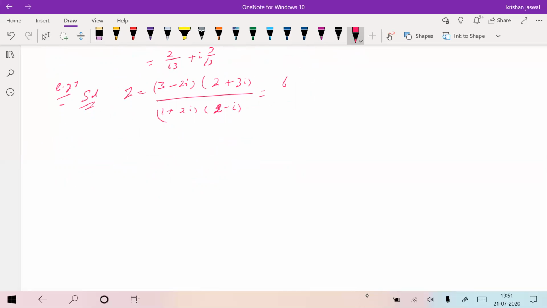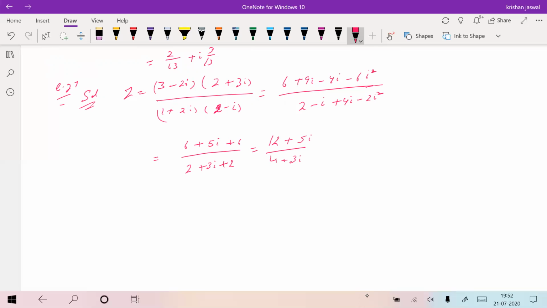Multiply: 3 times 6 is 9... the numerator becomes 6 plus 9 iota minus 4 iota minus 6 iota square, over the denominator 2 minus iota plus 4 iota minus 2 iota square, which is equal to (6 plus 5 iota plus 6) over (2 plus 3 iota plus 2), that is 12 plus 5 iota over 4 plus 3 iota. Now rationalize it.